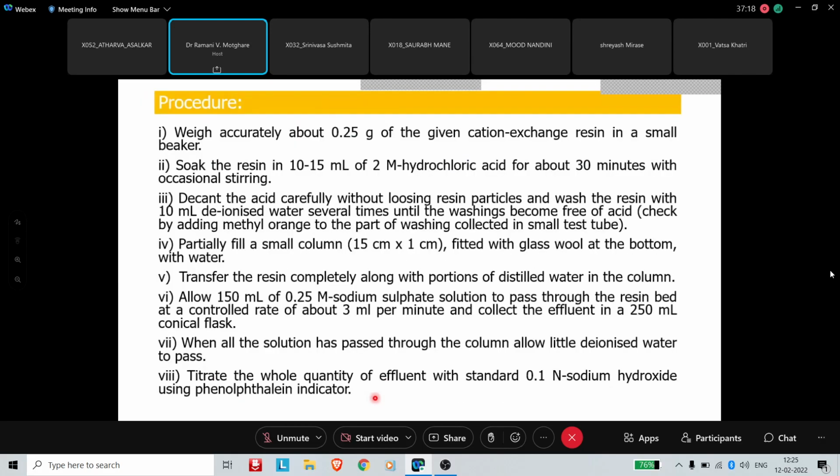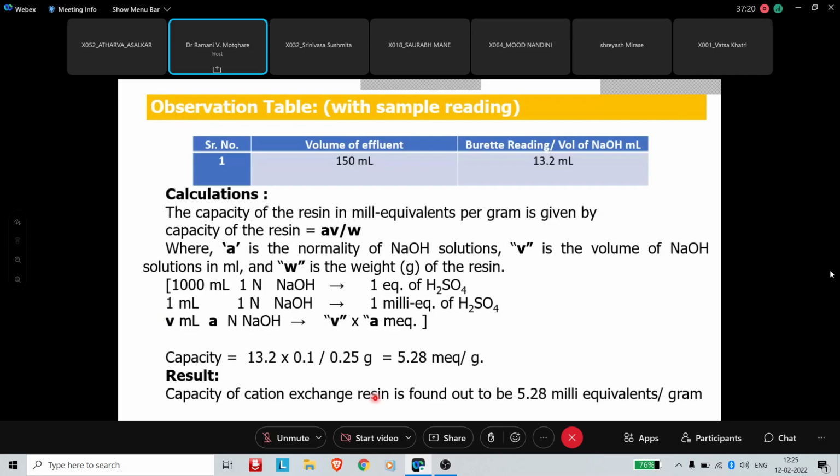Okay, then the total volume of effluent will be 150 ml, and you have to titrate it all together with NaOH solution using phenolphthalein indicator. So the titre value may be somewhere around 13.2, that is the reading provided to you. So if 13.2 ml of NaOH is required, then we see the calculation part.